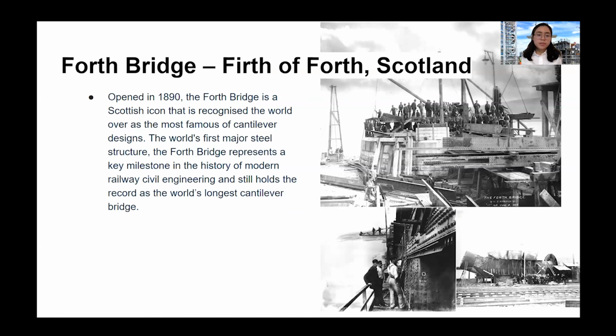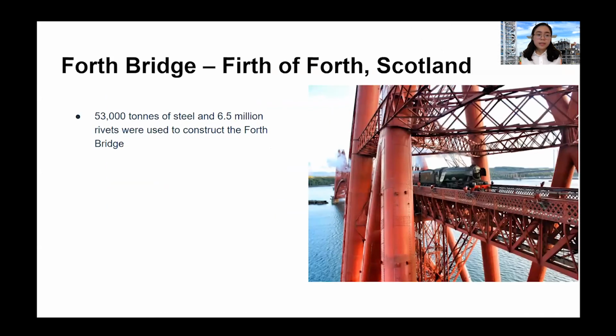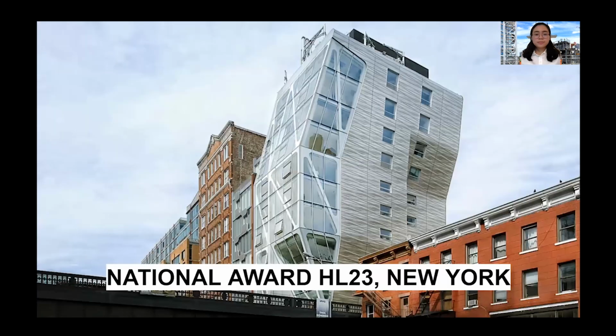The Forth Bridge represents a key milestone in the history of modern railway civil engineering, and it holds the record as the world's longest cantilever bridge. 53,000 tons of steel and 6.5 million rivets were used to construct the Forth Bridge.